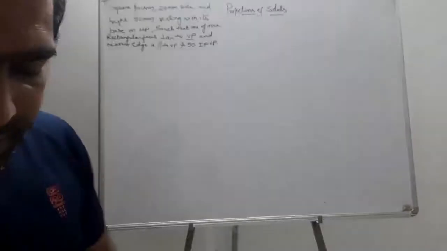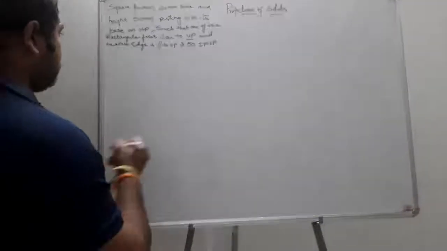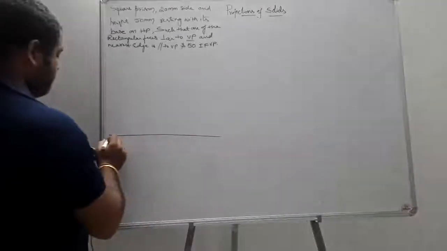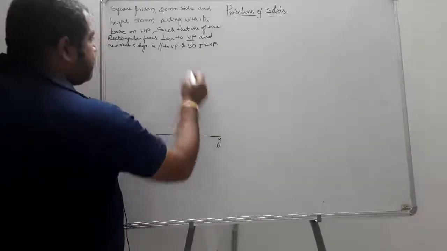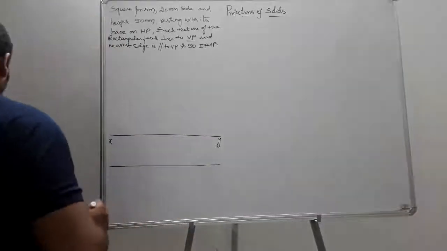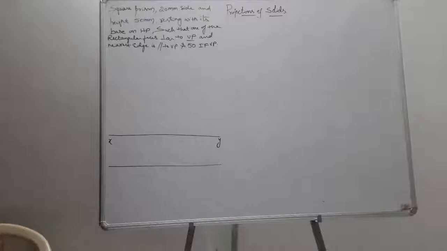Okay. Now let us see. He just gives 50 in front of VP. I just draw a line of 50. Okay, 50 in front. It is not 50.